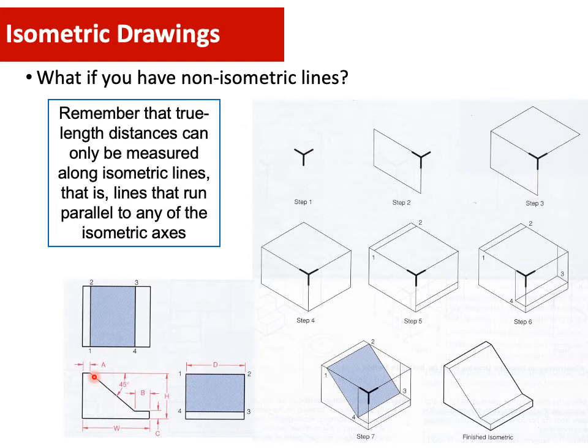For the non-isometric lines, it's not a true length, because even in the top view, it's slanted around 45 degrees, so it should be longer than what you can see.